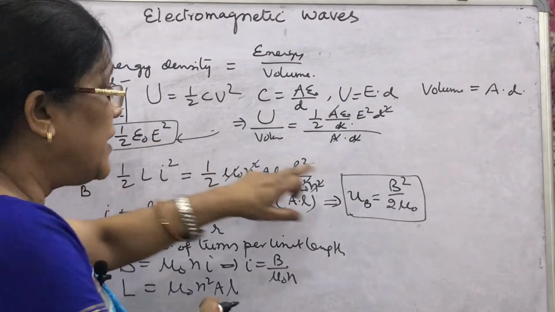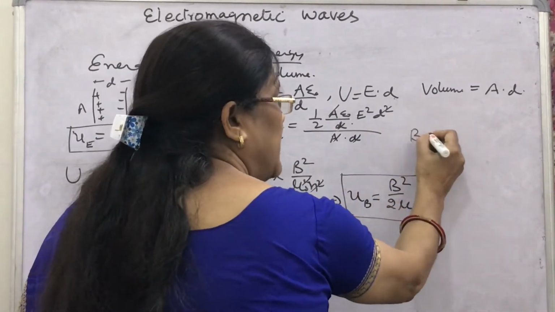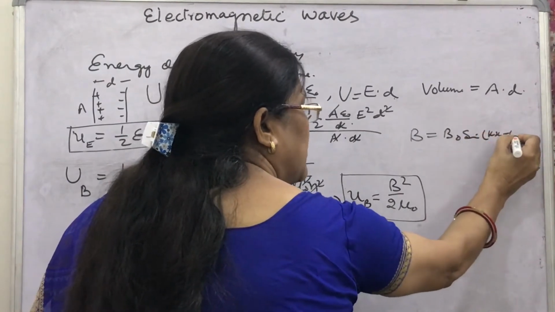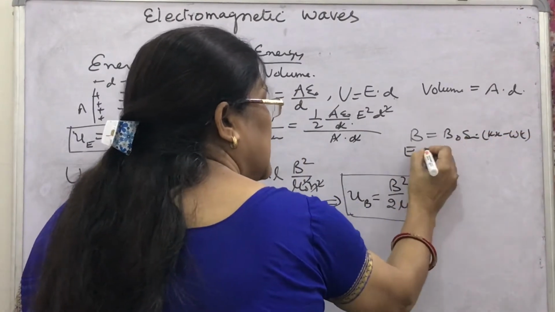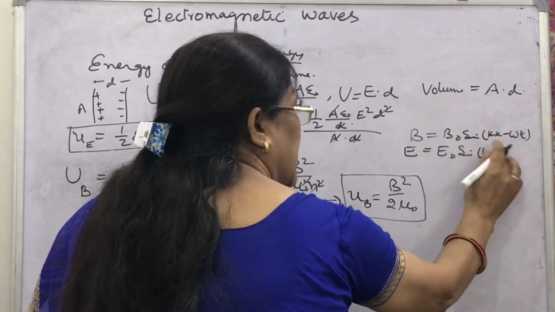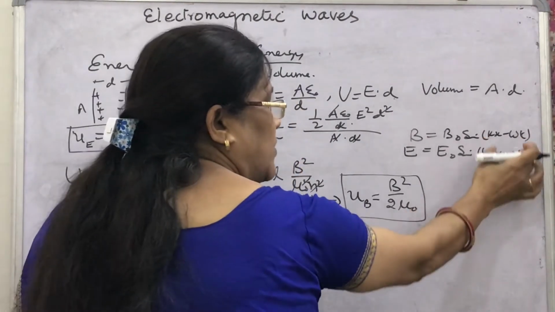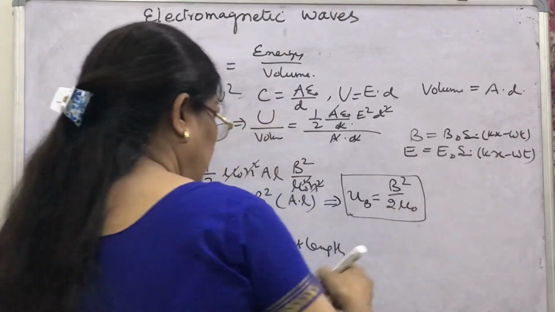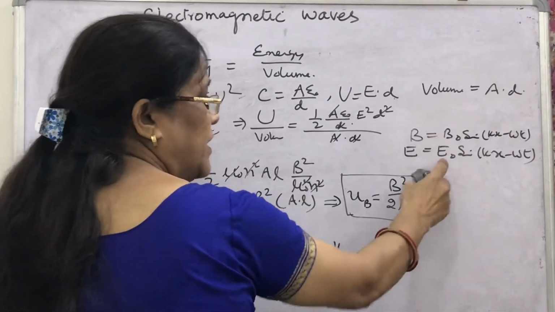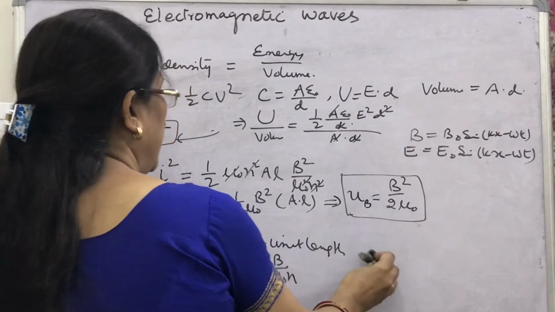Since E and B, as we have seen, vary with time, B is B naught sine kx minus omega t, and E is E naught sine kx minus omega t. Both the electric and magnetic fields oscillate in the same phase. What are B naught and E naught? They are the maximum values of the electric and magnetic fields.